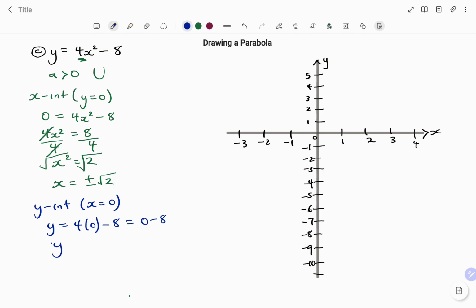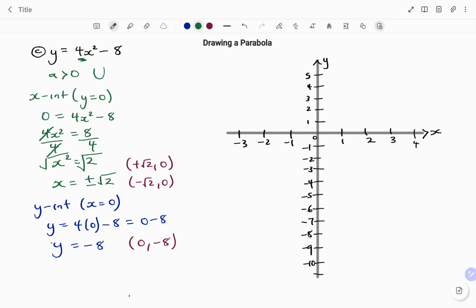Therefore, y equals minus 8. The coordinates of each point will be plus root 2 and 0, and minus root 2, 0. And the last coordinates will be, when x is 0, y will be minus 8.